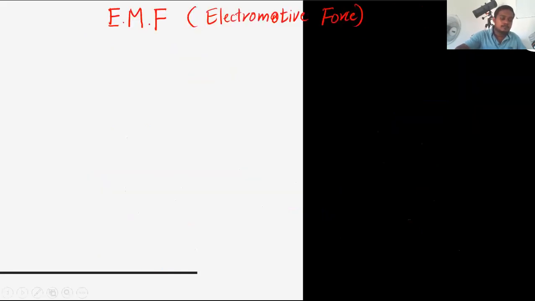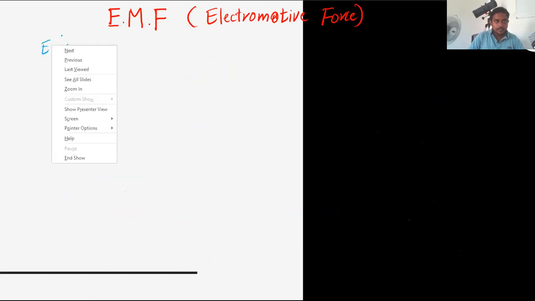We can move to the next part, electromotive force. What is electromotive force? As I told you, the electromotive force is the energy stored in the battery or cell.